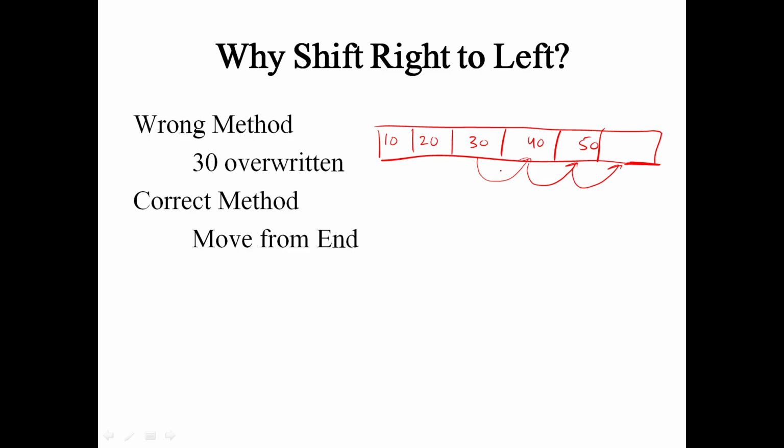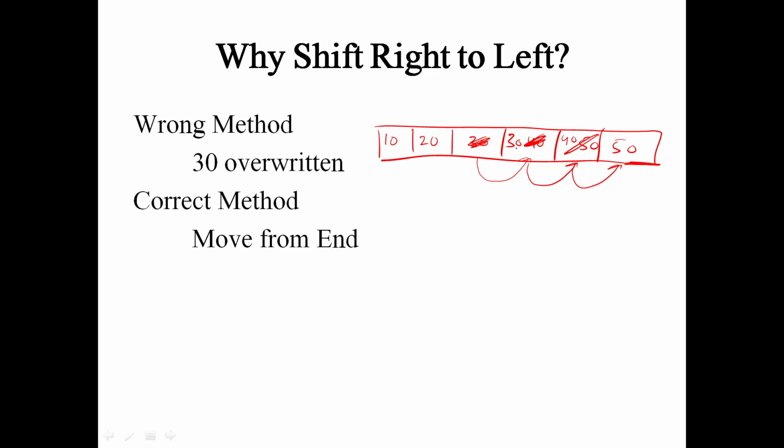So the correct method is to move from the end. That means we first shift 50. So 50 comes here. Then this location gets emptied and then we shift 40. Then this location gets emptied and then we shift 30. So 30 comes here. This place gets vacated, emptied.